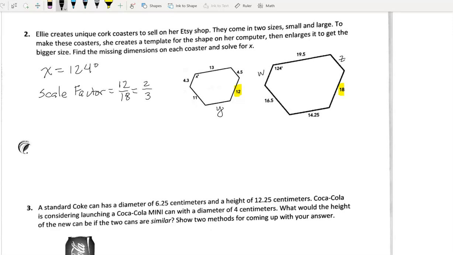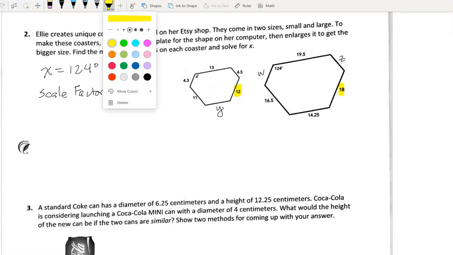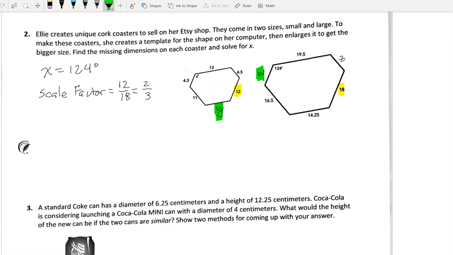You can use your calculator to reduce this as well, but make sure your scale factor is a fraction. That's going to be more helpful. Now I'm going to use this scale factor to help us find y and w and z. So the scale factor is 2 to 3.